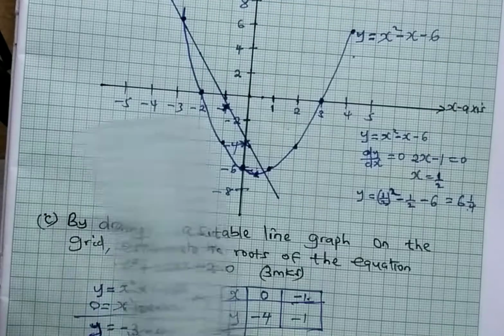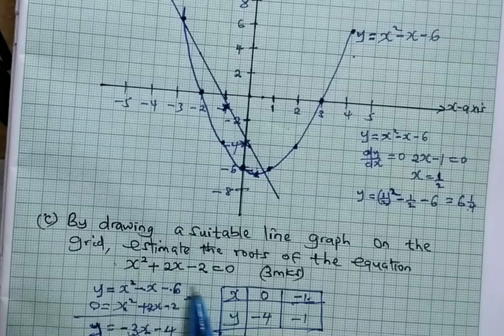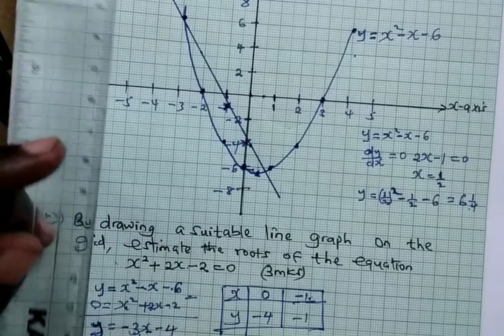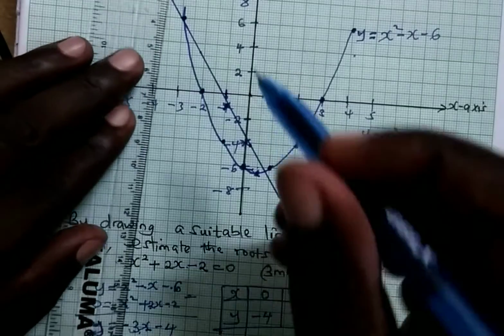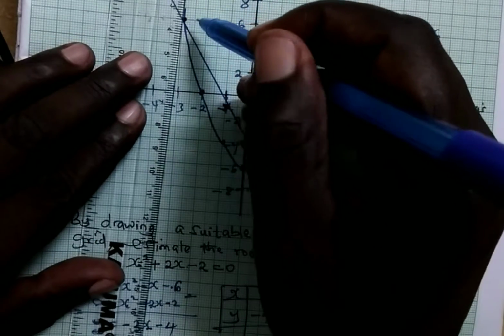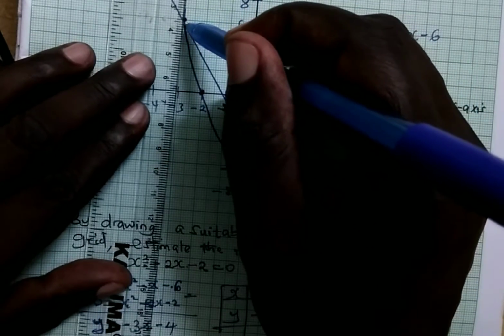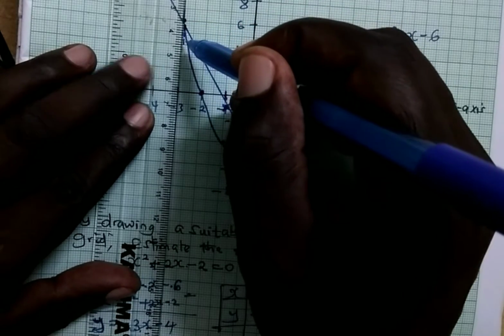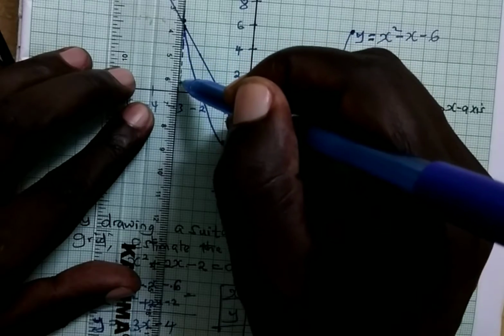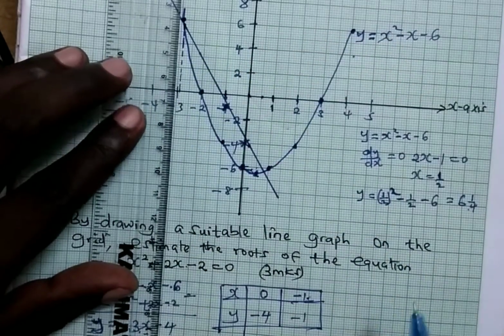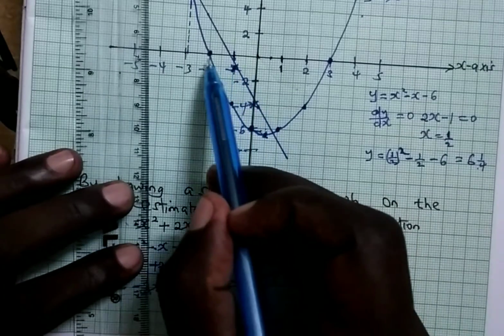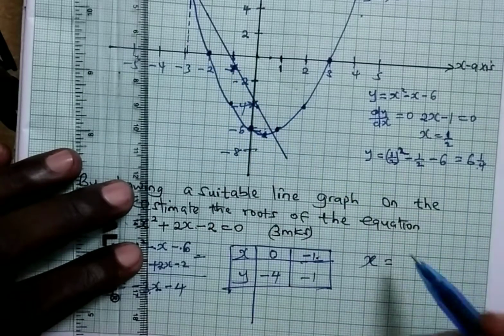Once we have done that, we are supposed to get the roots of this particular equation, and we need to get the roots from the point where the two curves intersect each other. And at this particular point, we go to where the two curves intersect. We draw a broken line towards the x-axis, such that the first value of x here is going to be equal to around negative 2.9.